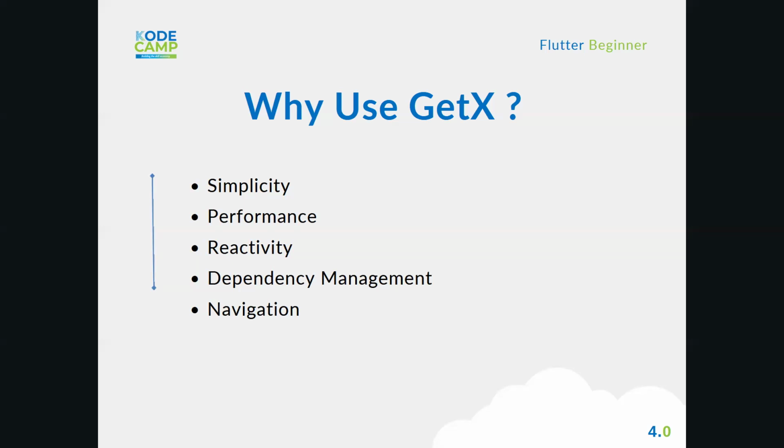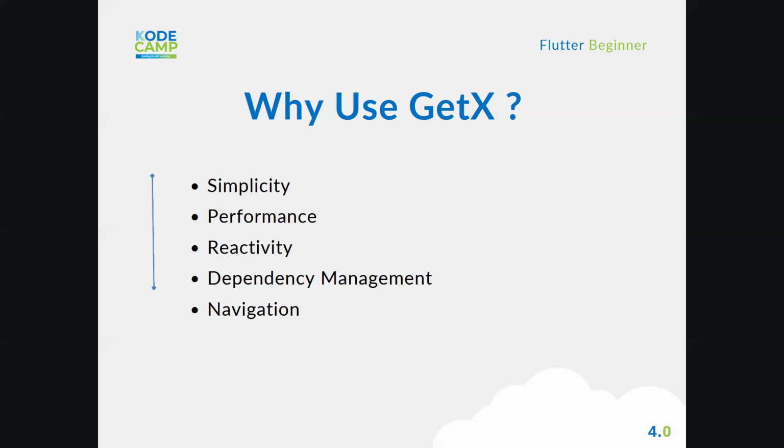All you basically need to do is add the dependency, the package, and your entry point just uses the GetMaterialApp, and you're good to go. It's actually simple to use. So the simplicity of GetX is one of the major reasons why it is a go-to state management route. Another reason for GetX is performance.